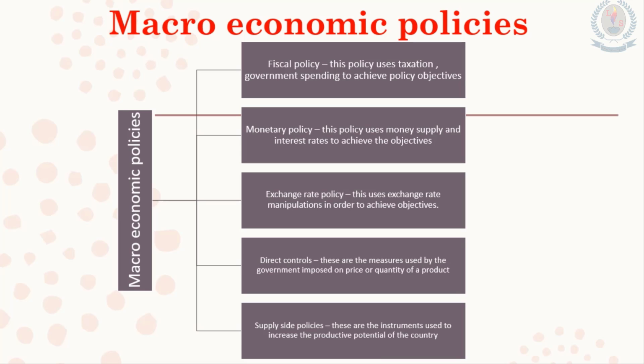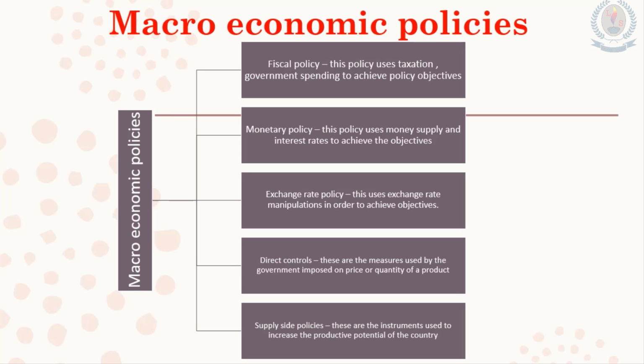So we can say fiscal instruments are taxation and government spending. Monetary policy. The main monetary policy instruments are money supply and interest rates. So it is using the money supply and the interest rates that the objectives are being achieved through monetary policy.